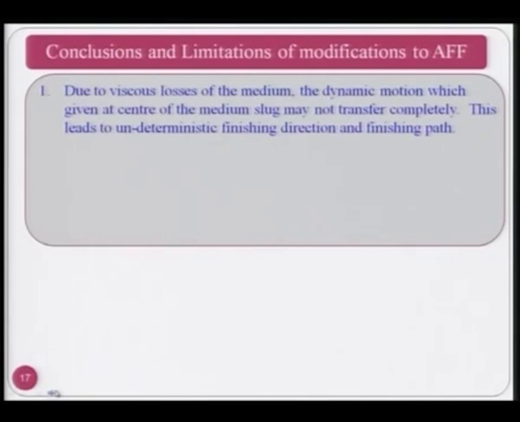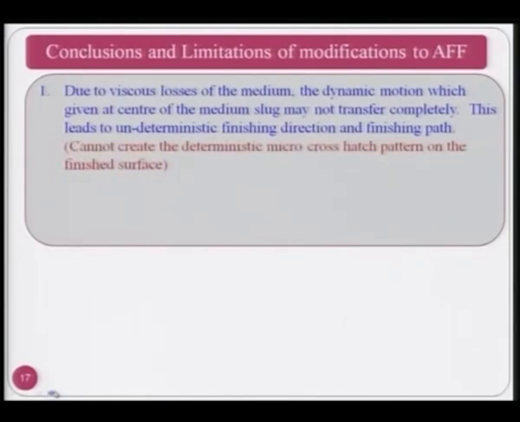Conclusions and limitations of abrasive flow finishing: due to viscous losses of the medium, that is the change in viscosity, the dynamic motion given at the center of the medium slug may not transfer completely to the abrasive particles in contact with the workpiece surface. This leads to an indeterministic finishing direction and finishing path.